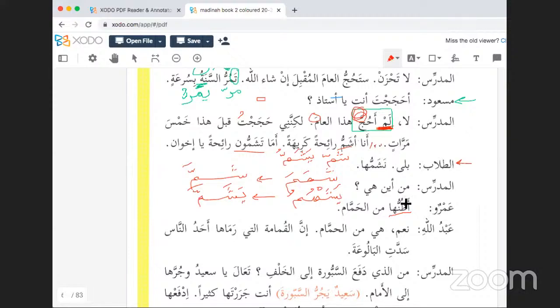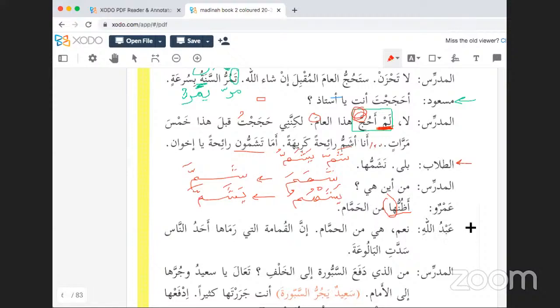So here he said, أَظُنُّهَا. The two noons are together. If you were to separate them, then it becomes ظَنَنْتُمْ. أَظُنُّهَا مِنَ الْحَمَّامِ. This ha, dhamir, where is it pointing back to? Ahsanta, Numair. It's going back to رائحة, رائحة كريهة. Okay.